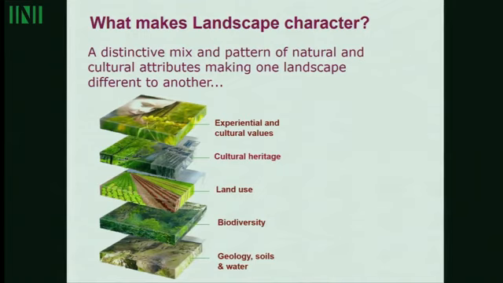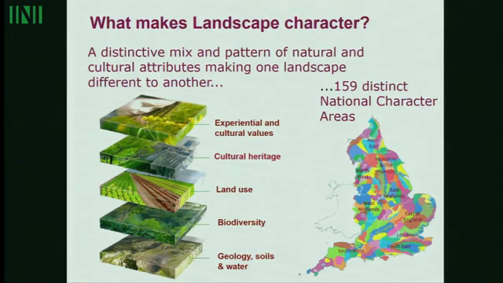Landscape character is built up of all these stacks, these layers, underpinned by geology and soils, I'm sure you're all aware of that. And then to the right here, I've shown you a map of how we've characterised the whole of England in an objective, systematic way to identify these 159 national character areas, showing how landscapes are different from one another, not necessarily one better or worse than another.